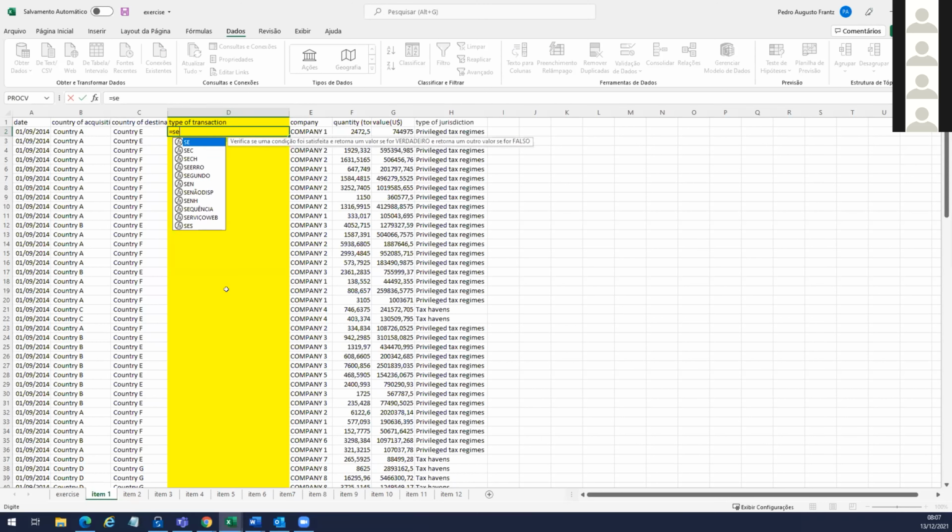I put parentheses, now I will make the logical test. I click in country A and test if country A equals country B, if country of acquisition equals country of destination. I put a semicolon.